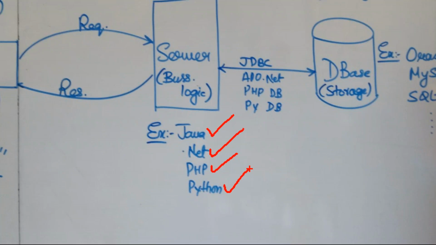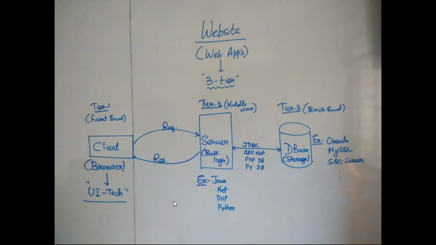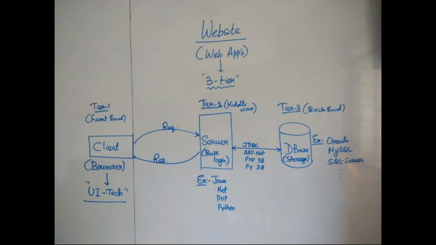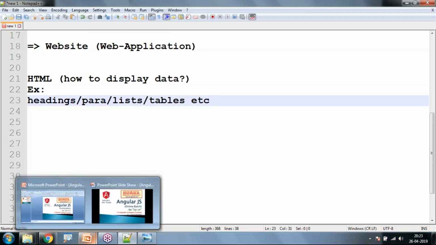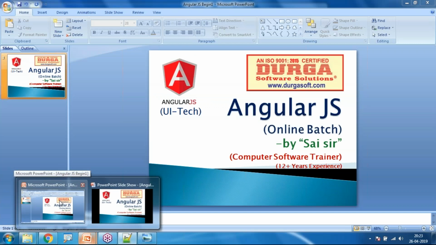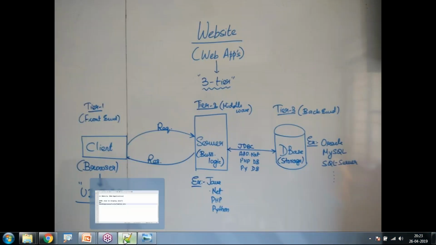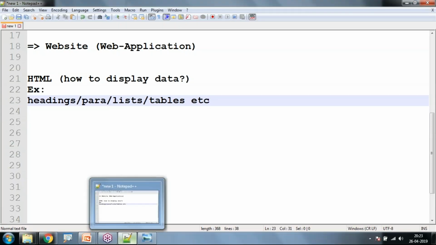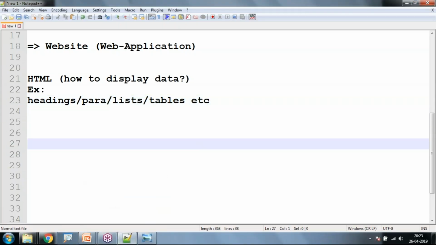Whichever technology you are using to display the information or data in a browser, we compulsorily require UI technology. And for that UI technology, the building block is HTML. HTML stands for Hypertext Markup Language.